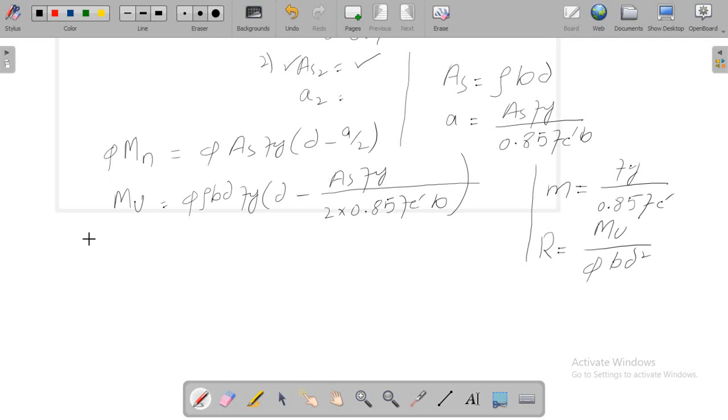So let's see, Mu divided by, we are just shifting this phi value and this B value and Fy value, right? So phi B and Fy, right?